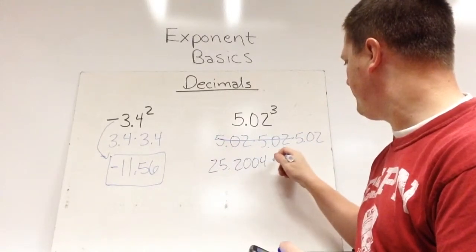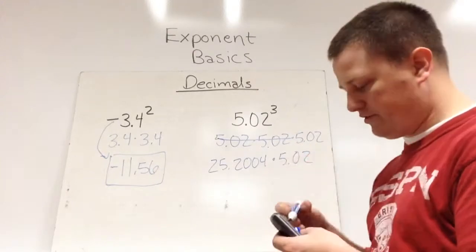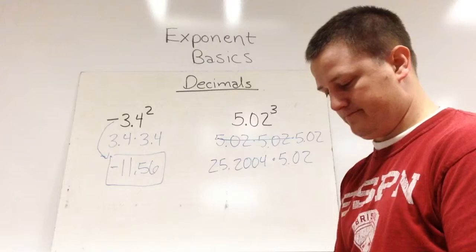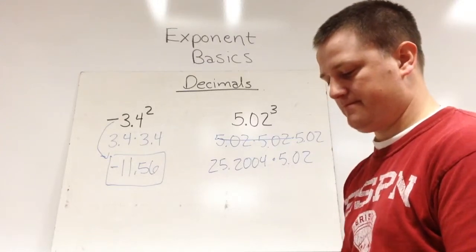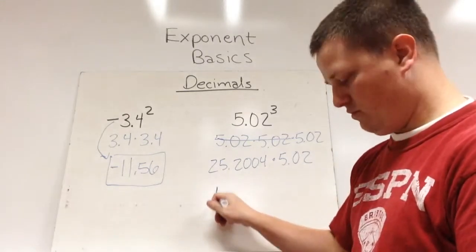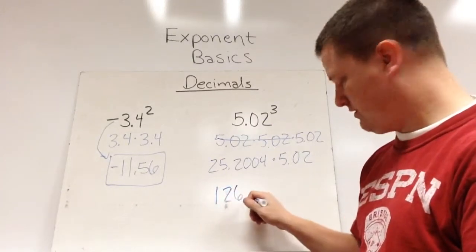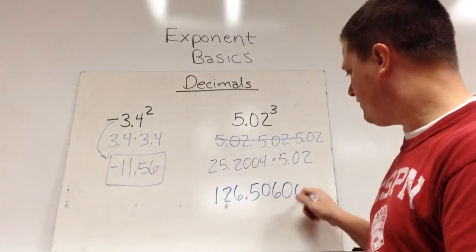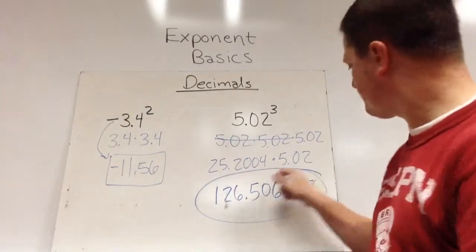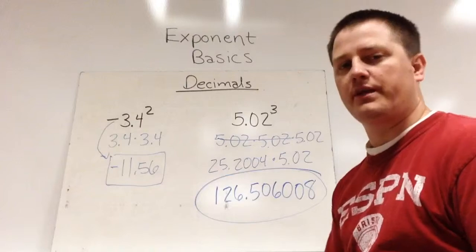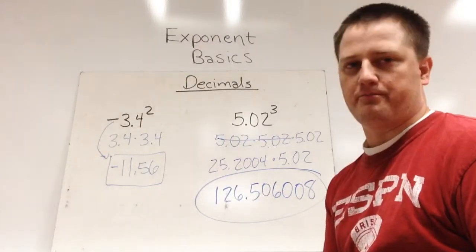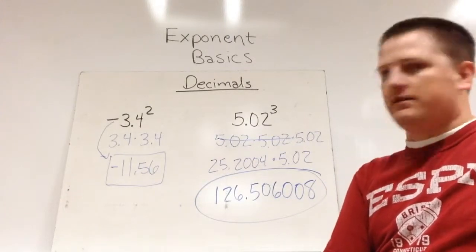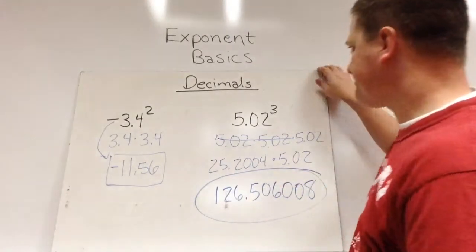And we still have 5.02 to multiply it by. And for this one we get 126.506008. So decimals don't really change how we do the problem, it just makes it a little bit more complicated with some of the math that we have to work with because of decimal multiplication.